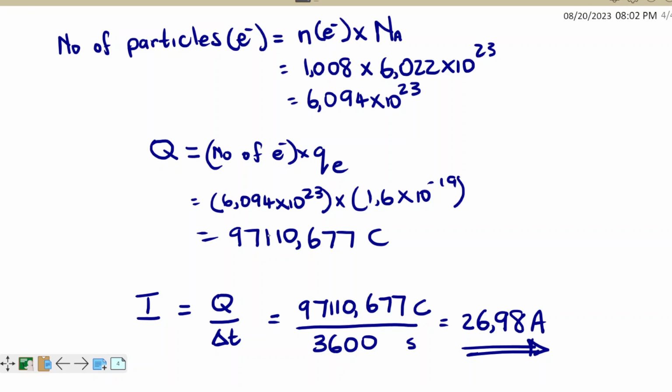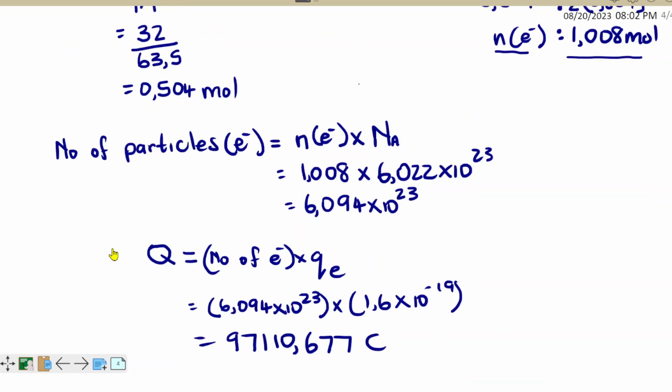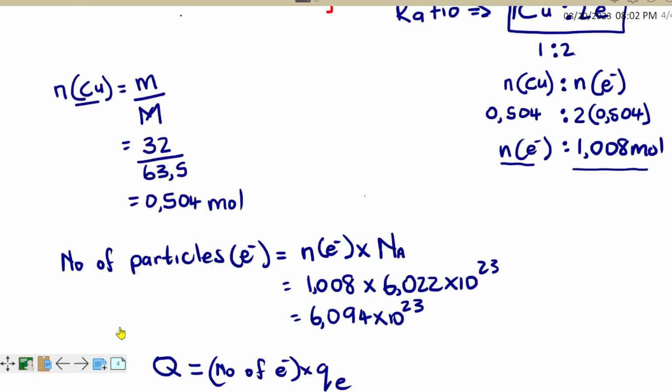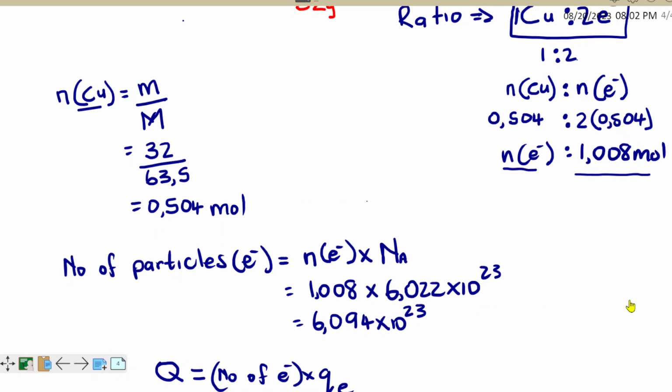So there are up to 5 calculations that you have to do throughout. Let me recap before we move on to part 2. The first thing you have to do is find the number of moles of the copper. After you find that, check your ratio, and then find the number of moles of the electrons.